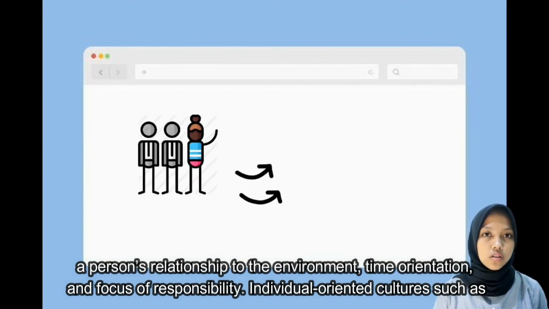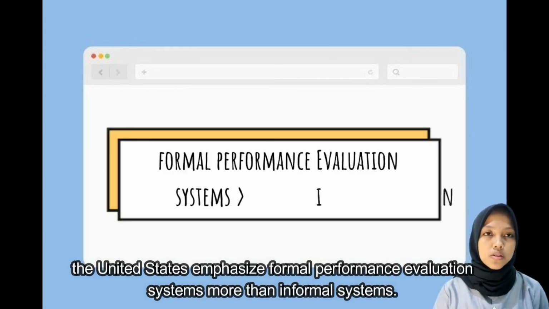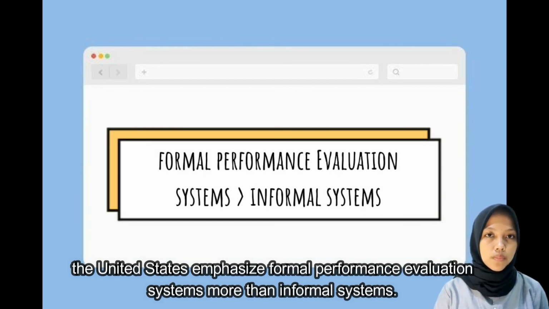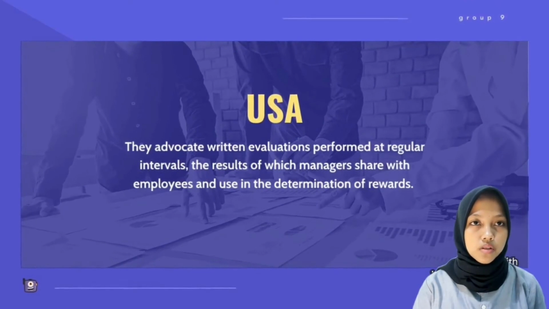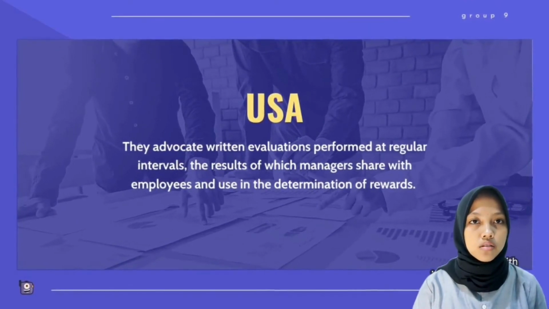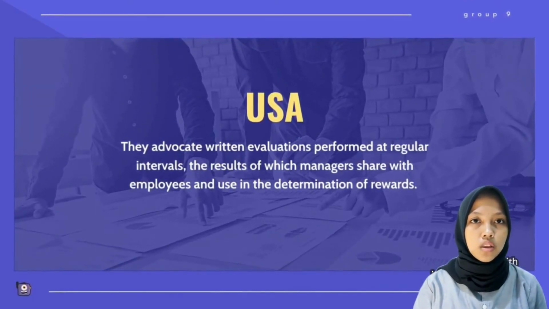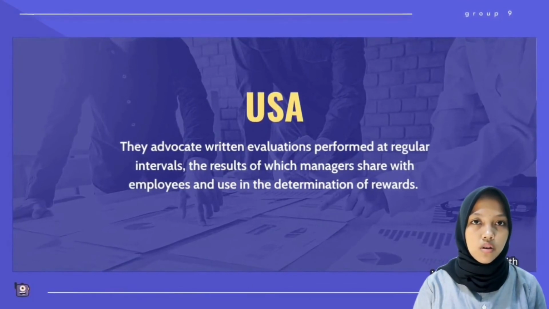Individual-oriented cultures such as the United States emphasize formal performance evaluation systems more than informal systems. They advocate written performance evaluations at regular intervals, the results of which managers share with employees and use in the determination of rewards.